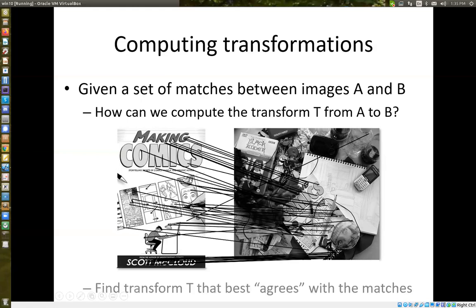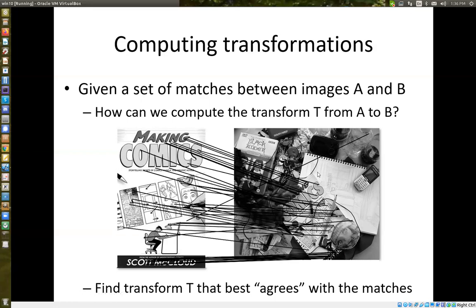Now given these matches, if I want to warp this book to match this one here, I basically want to rotate and scale this one into this one. So how am I able to do that?